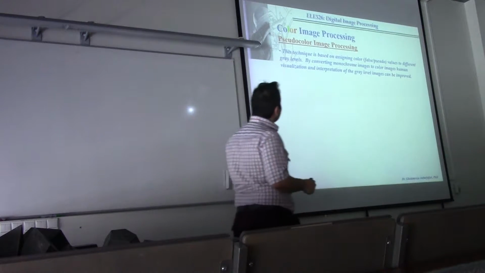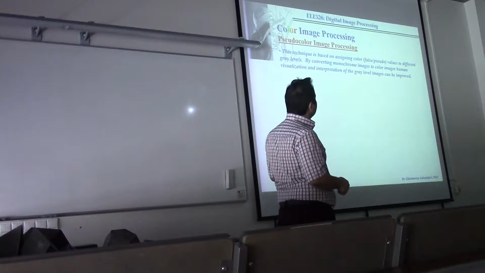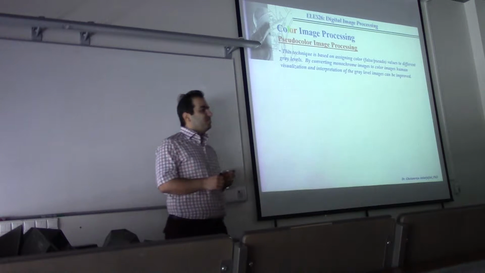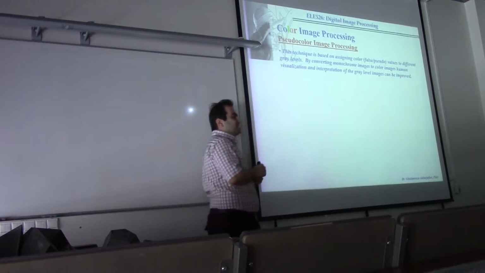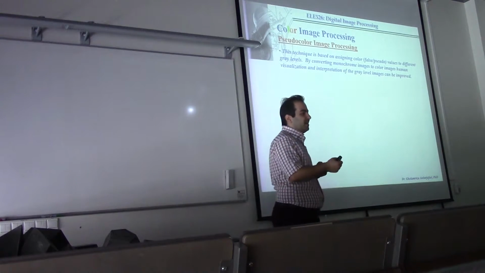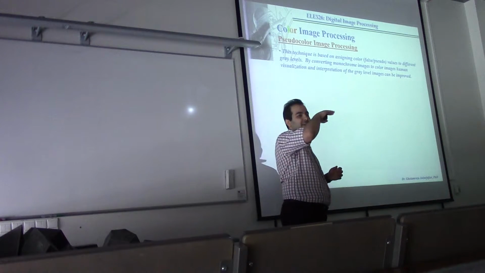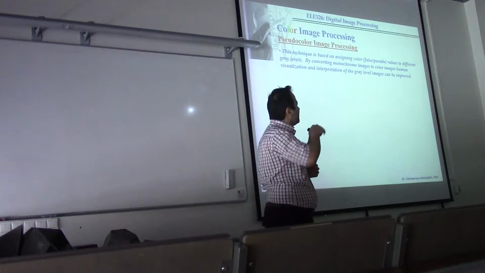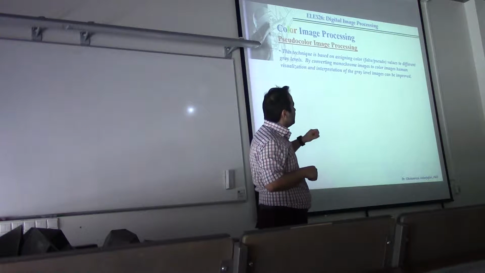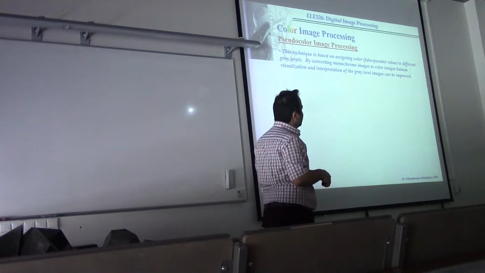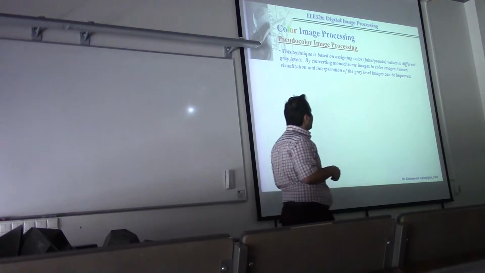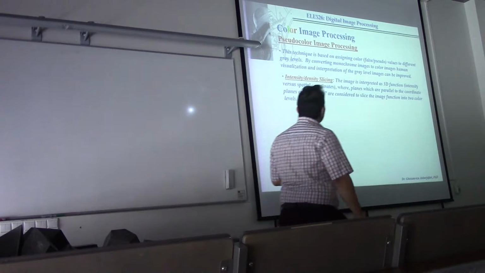first I would like to talk about pseudo color image processing. It means that we want to assign colors to the different gray levels, or the gray level scale. We will assign some values to find some colors to get a better result.